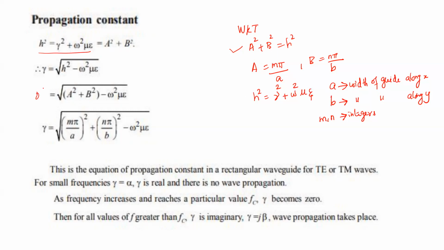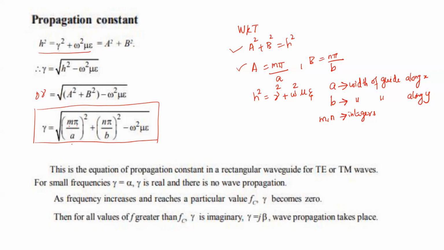So we'll get gamma as root of a square plus b square minus omega square mu epsilon. From this, we can write a as m pi by a, b as n pi by b. So, gamma becomes root of m pi by a the whole square plus n pi by b the whole square minus omega square mu epsilon. This is the general expression for propagation constant.